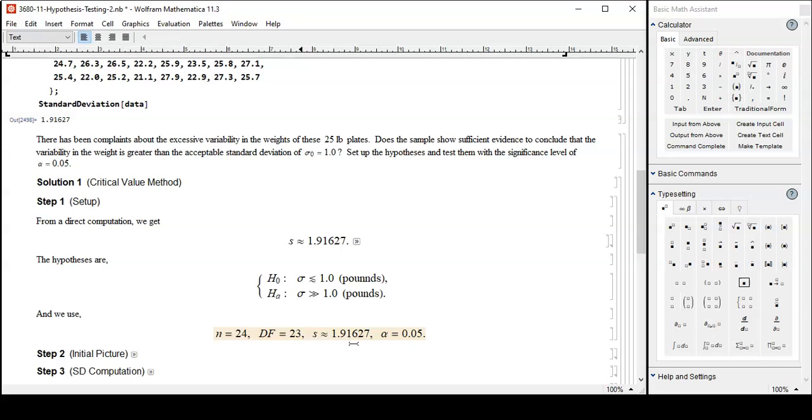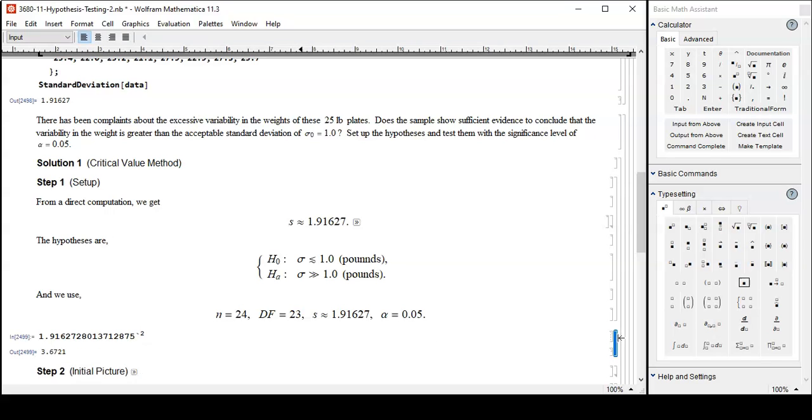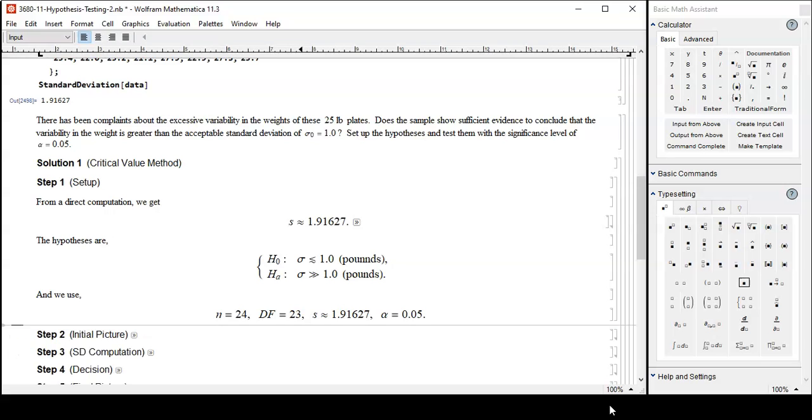By the way, we'll have to use the sample variance, so this one squared is the quantity we are looking for, because chi-squared is proportional to sample variance. So 1.916, this thing squared, is 3.67 something. That's the quantity you're going to be using.